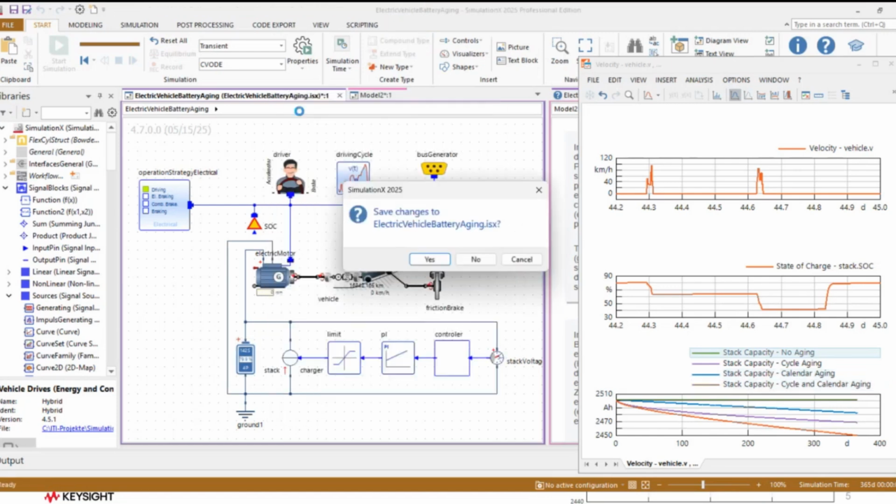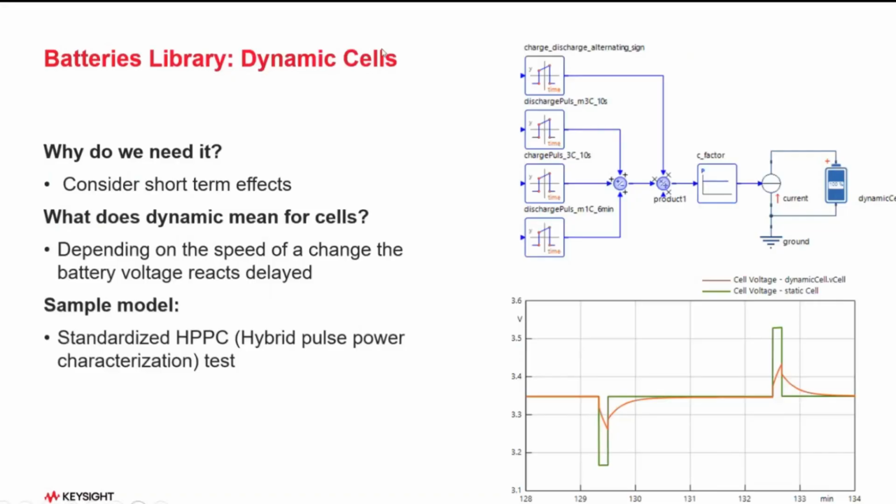I close the model. Next feature is dynamic cells. Dynamic cell models consider the short-term effects which occur when we have fast changes of the current through the battery. In a dynamic cell, the battery voltage reacts in a delayed way.